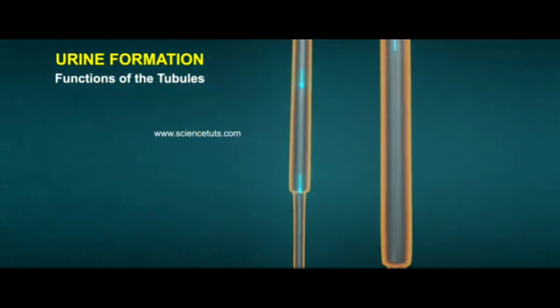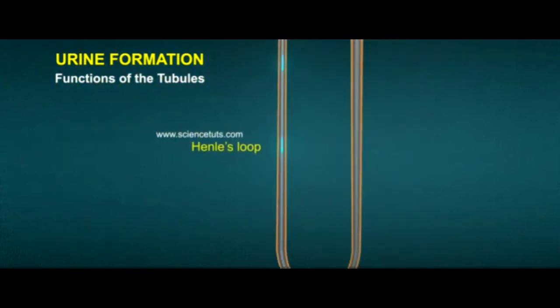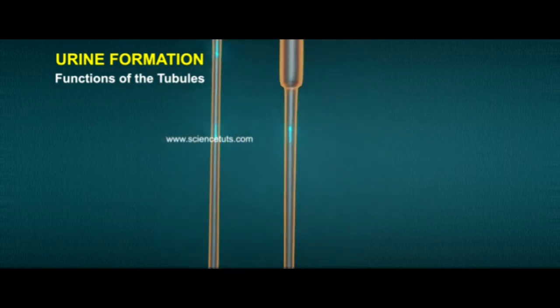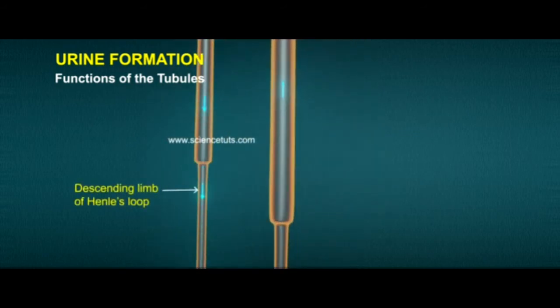Henle's loop maintains high osmolarity of medullary interstitial fluid. The descending limb is permeable to water but impermeable to electrolytes. This concentrates the filtrate as it moves down.